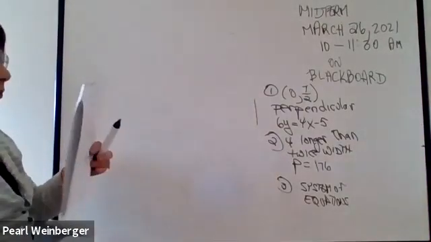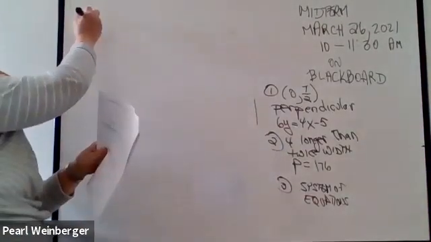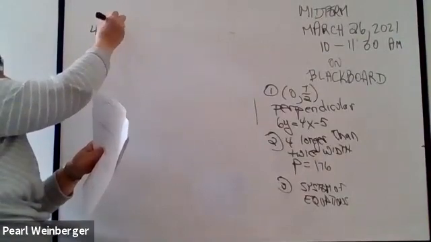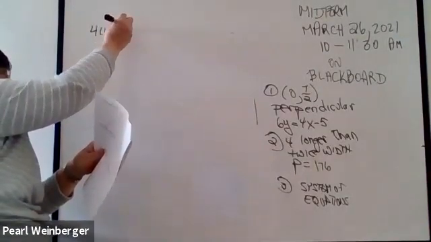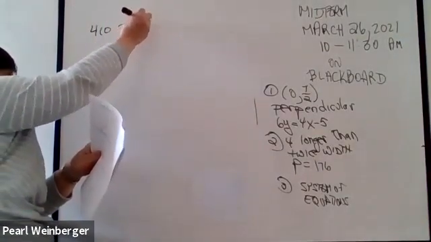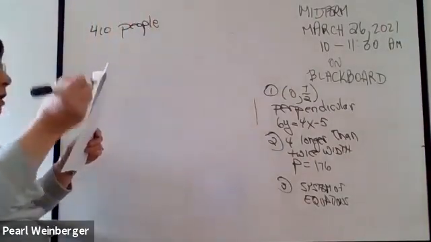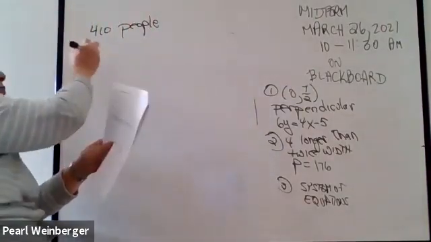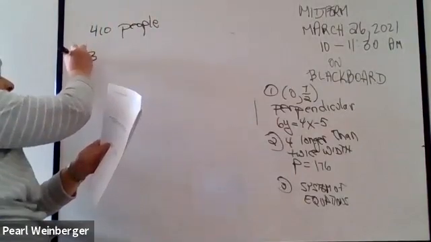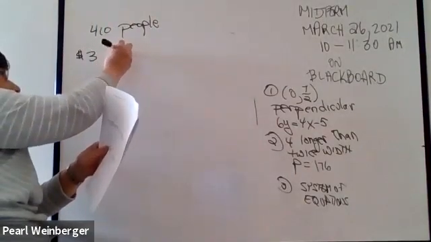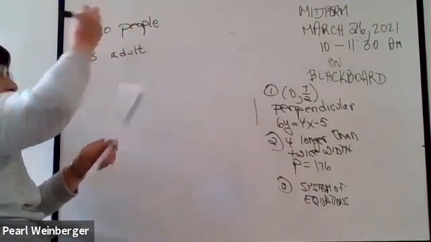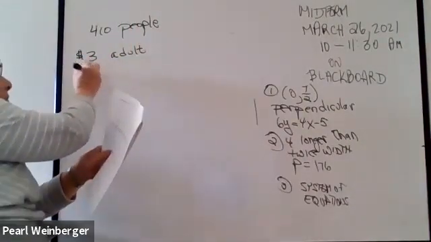Here's the question. There were 410 people at a play. The admission price was $3 for an adult and $1 for a child.